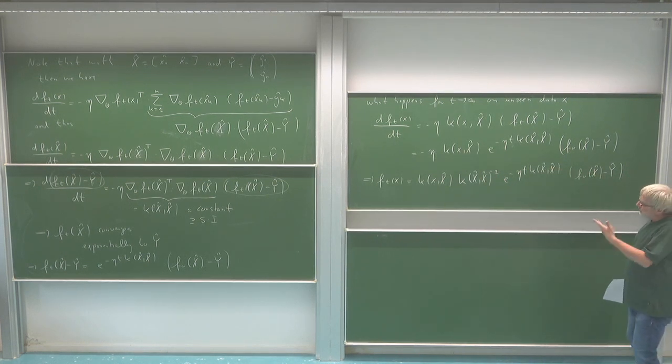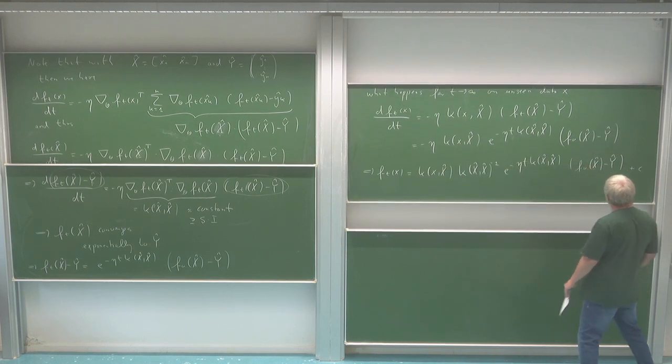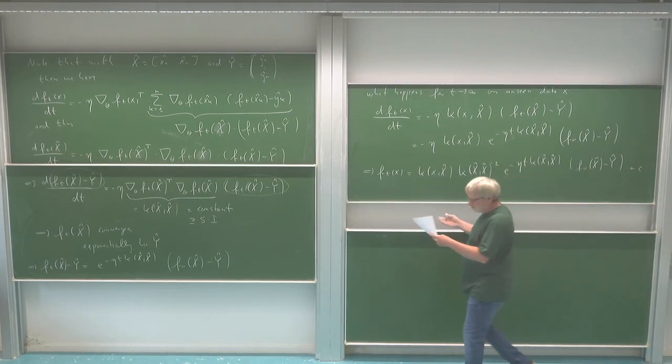Okay, but this of course is a special solution, and then in general I can add a constant, so I'm adding a constant c. And of course, this constant c I can determine from what happens at time t equal to 0.